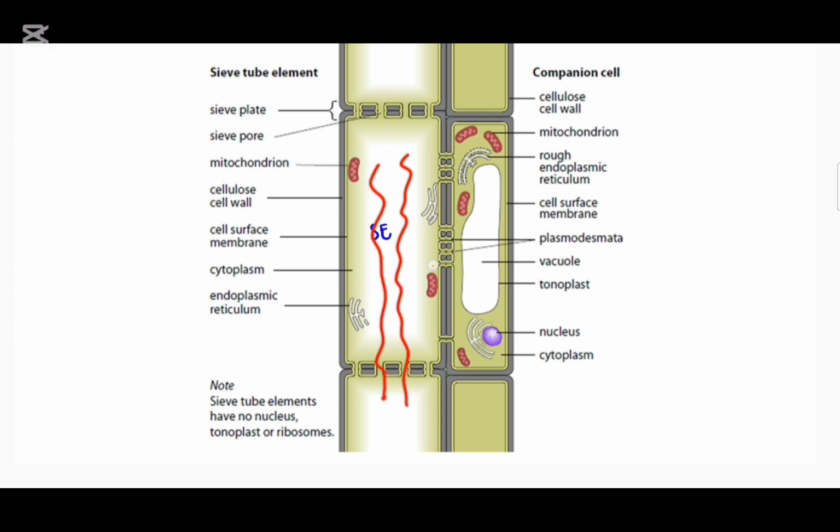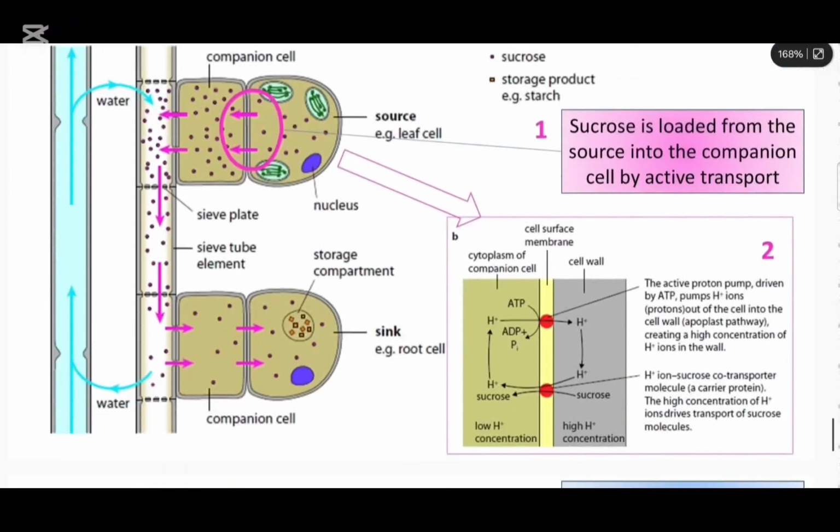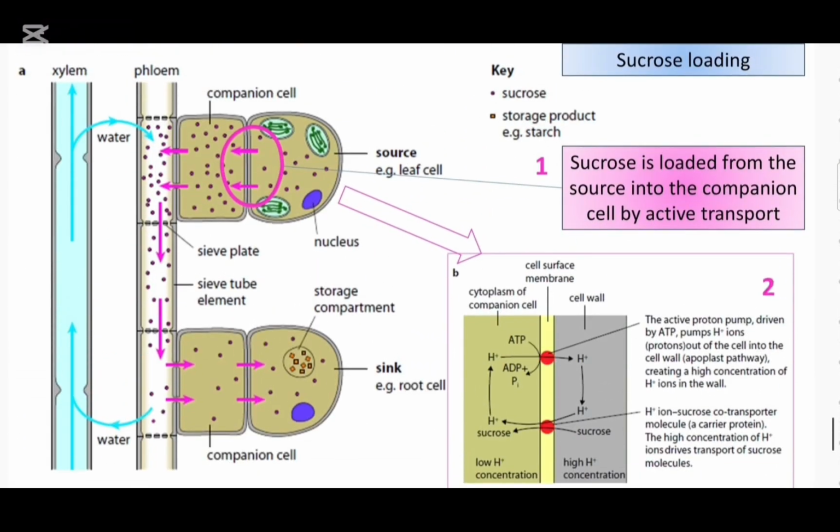It still has small numbers of organelles, but very much reduced. No nucleus, no vacuole. Also remember the roles of plasmodesmata. Let's go back and revise what happens during sucrose loading.